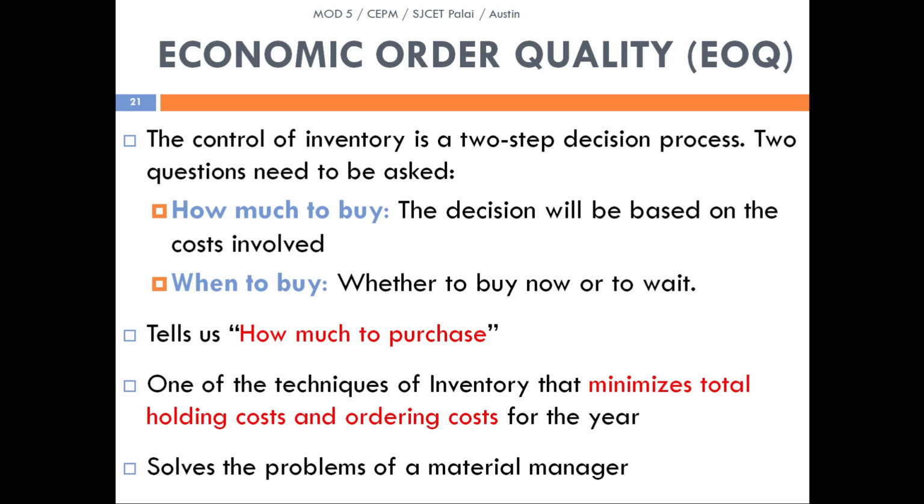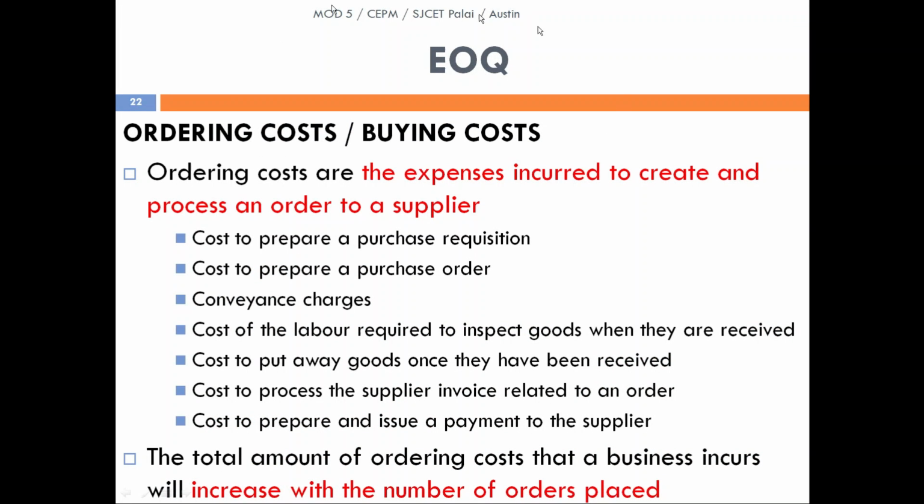If the inventory is more, they may be on the safer side, but the cost may increase. So it is up to a material manager to analyze the present market condition and the present situation of the company, and to decide how much is to be kept as inventory and how much has to be bought and when. So we will be seeing EOQ in detail.